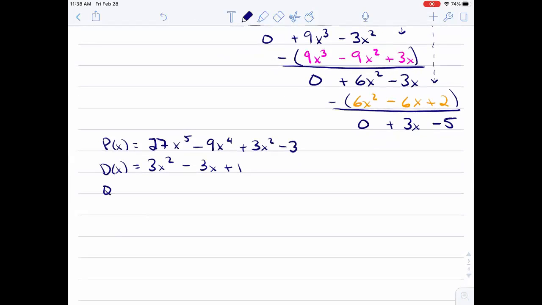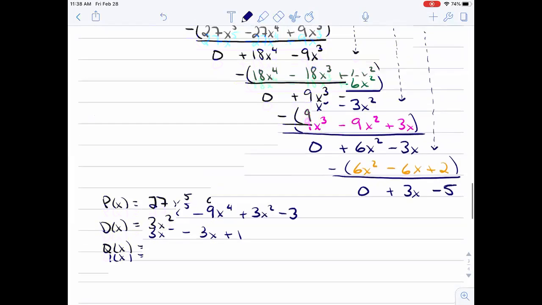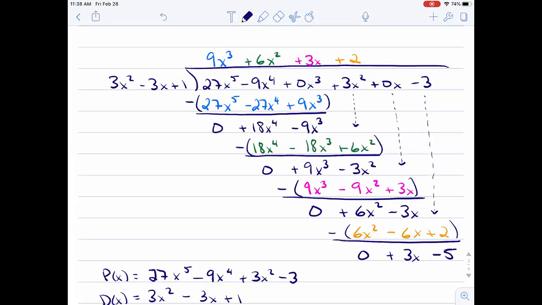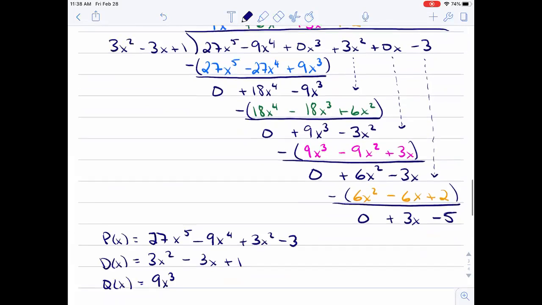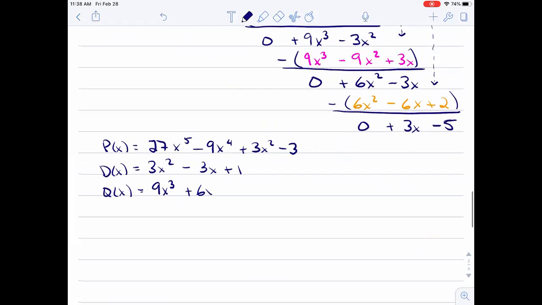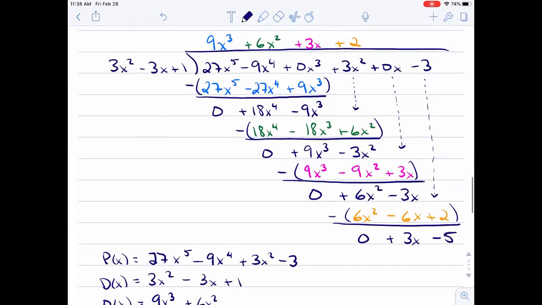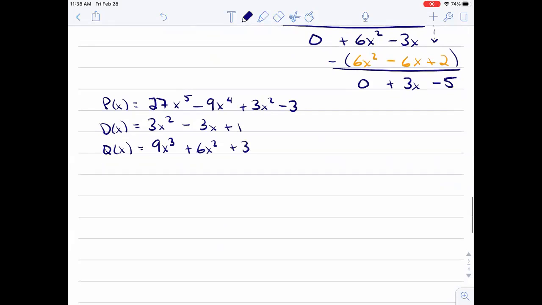And then we found that Q of x is 9x to the 3 plus 6x squared plus 3x plus 2. And R of x is 3x minus 5.